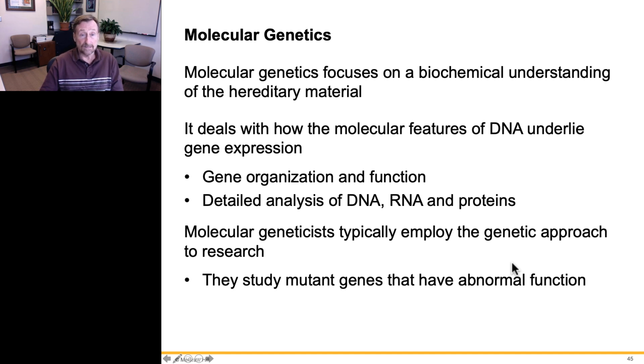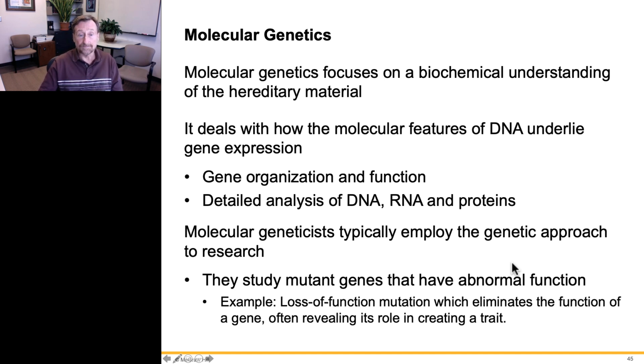By eliminating its function, sometimes it gives you a strong clue as to what the non-mutant gene does. For example, if you knock out a gene that's involved in blood clotting, then the blood doesn't clot properly, so that gives you a clue that the functional gene plays a role in blood clotting.